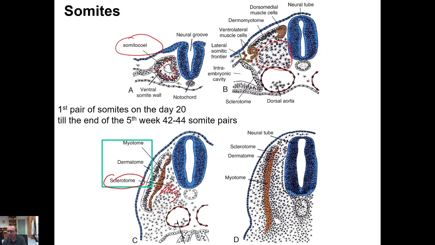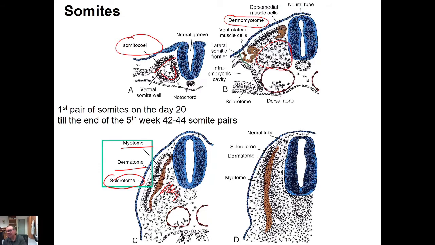The lateral part of the somite can be called dermomyotome. Dermomyotome later differentiates into two parts, myotome and dermatome. Dermatome also transforms into mesenchyme and gives rise to connective tissues of skin and also the subcutaneous layer.